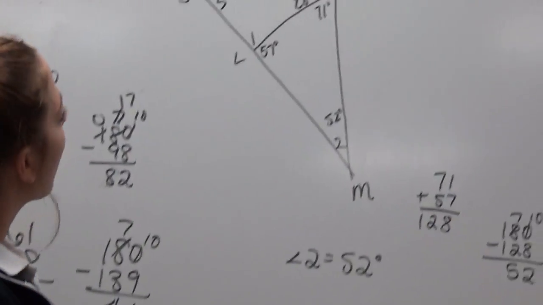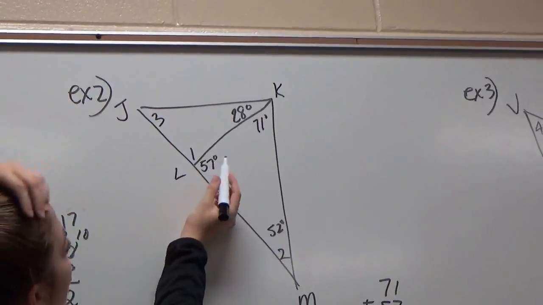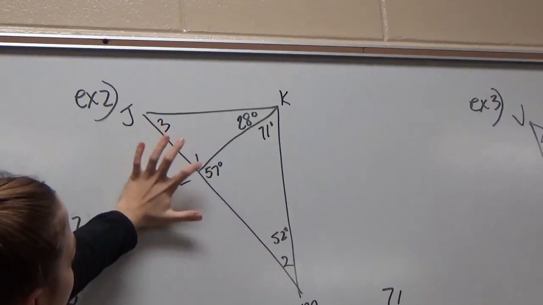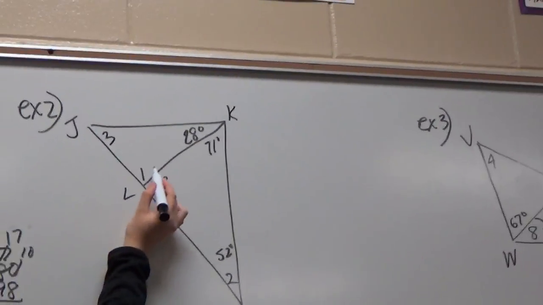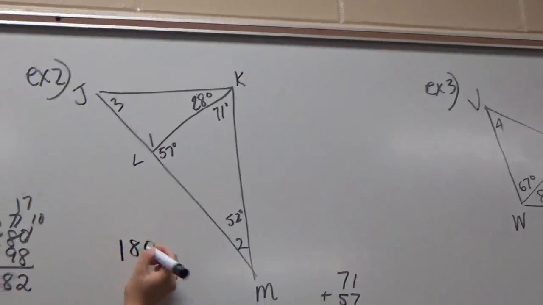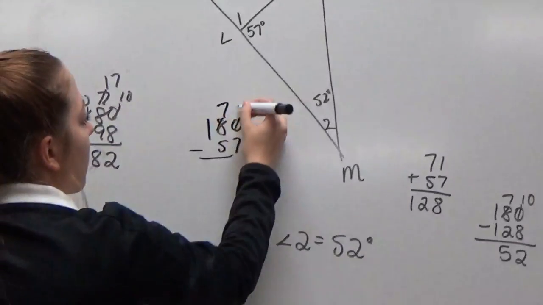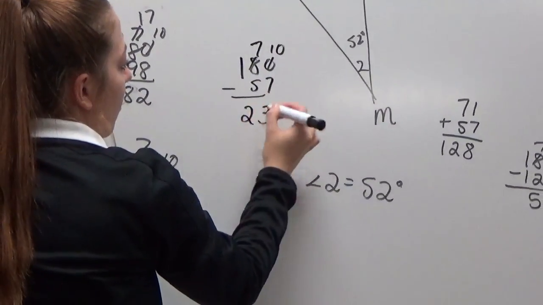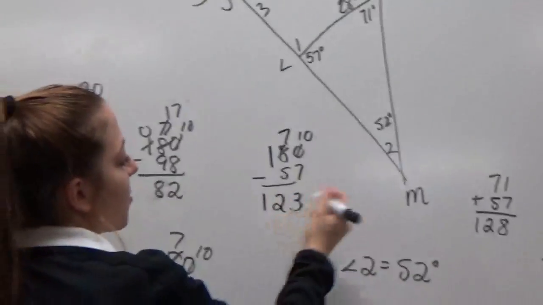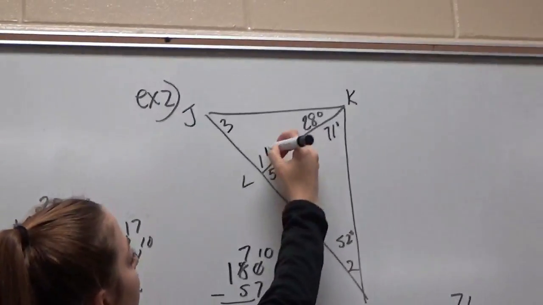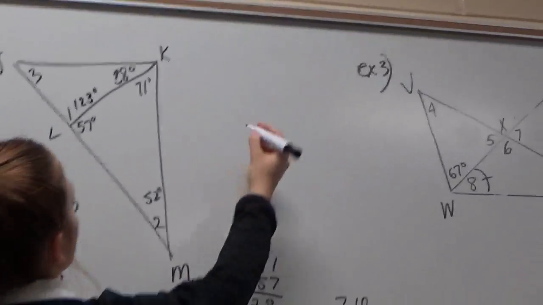Now supplementary means that these two angles will equal 180. So you can take 180 minus the 57. So this is 123, and you fill that in. Now you know these two angles.